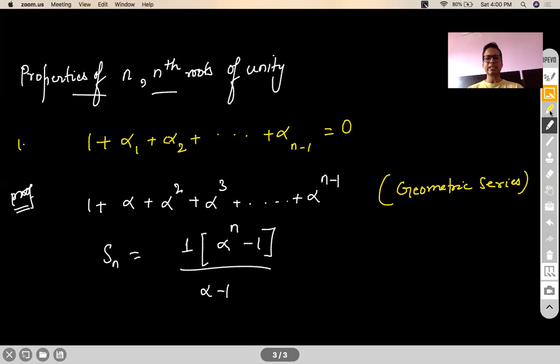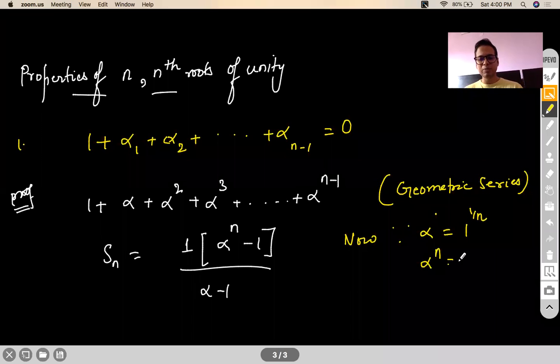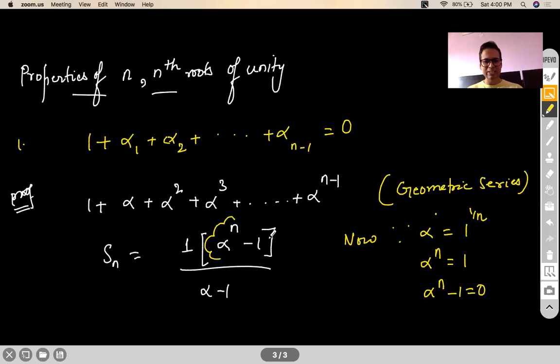Correct? Now, because alpha is the nth root of unity, alpha to the power n is going to be 1. So alpha to the power n minus 1 is going to be 0. So this whole thing becomes 0, and if this becomes 0, the sum will become 0.